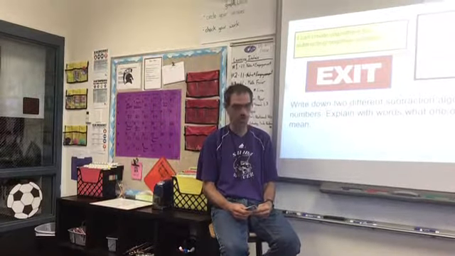You have to write down 2 algorithms using subtraction and that have negatives. They don't have to both be negative, but one of them can be. And then you have to explain what one of them means.